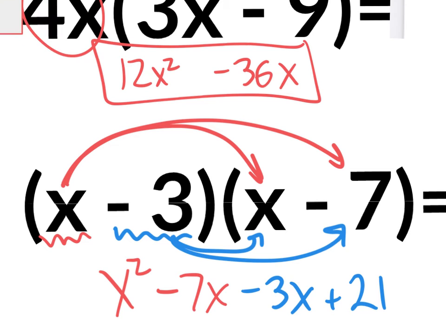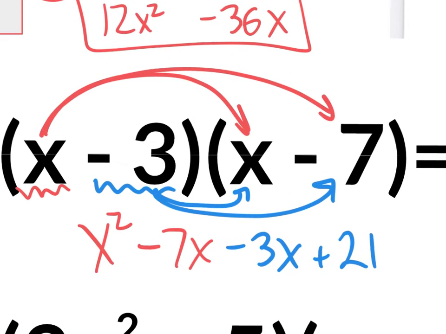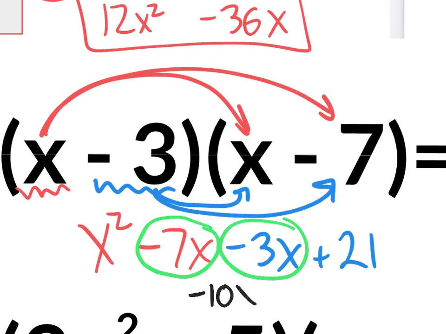So all we need to do now after the distributive property is combine like terms. I'm going to combine this middle negative 7x with that middle negative 3x. Those are the only two terms that are alike. You owe 7, you owe 3, you're going to owe 10 of those x's. What about the x squared? Bring it down. What about the 21? Bring it down.